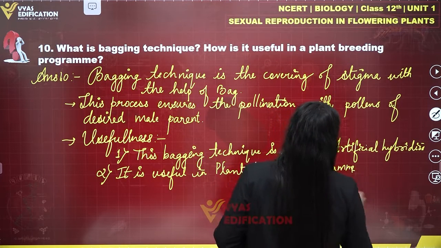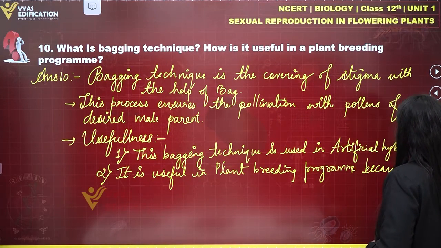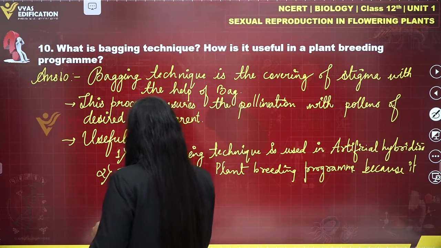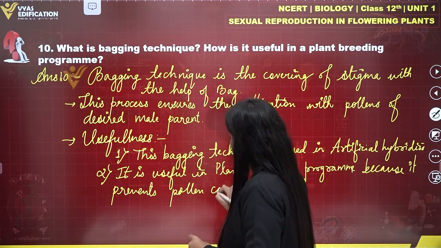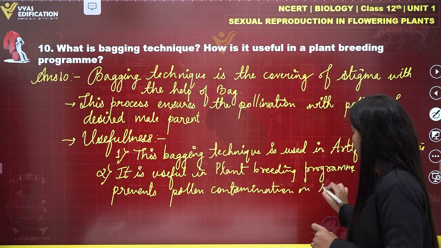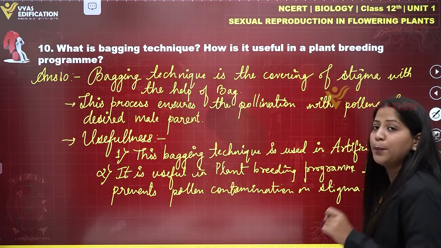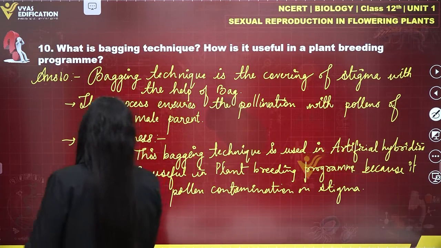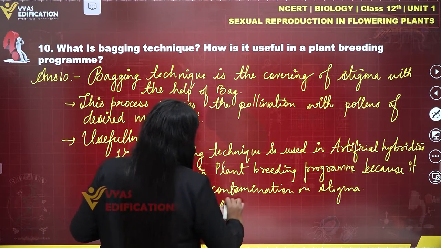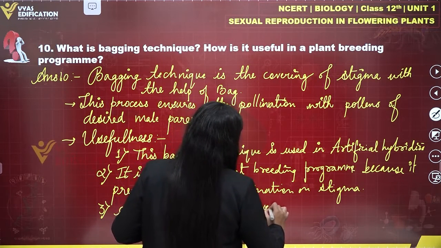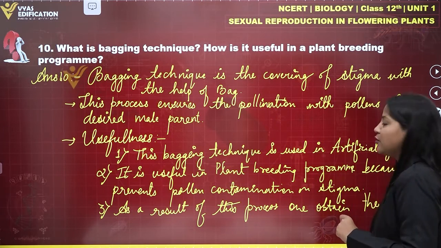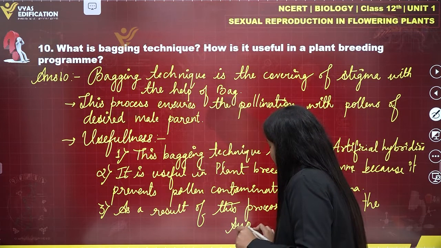How is it useful in plant breeding programs? Because it prevents pollen contamination on stigma, and as a result of this process, one can obtain the superior species.